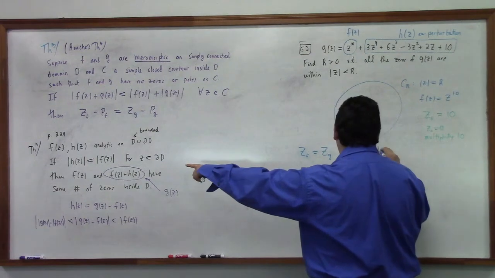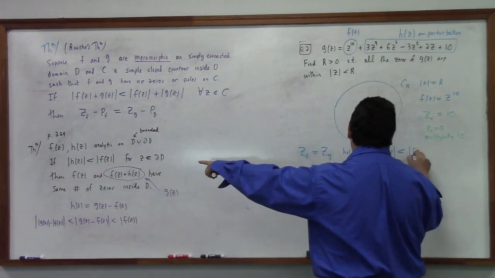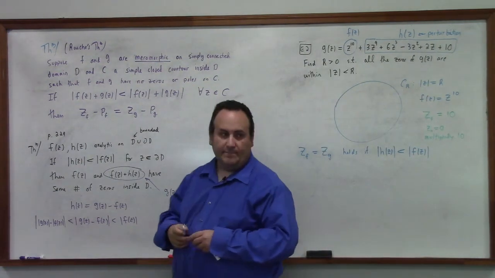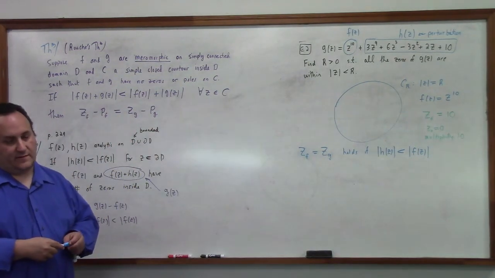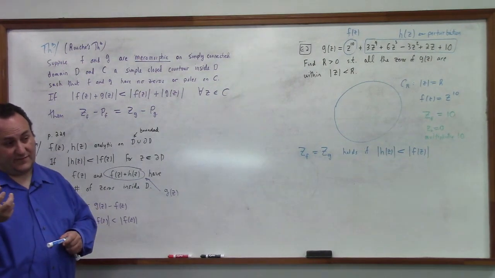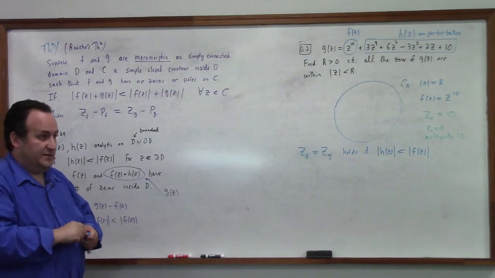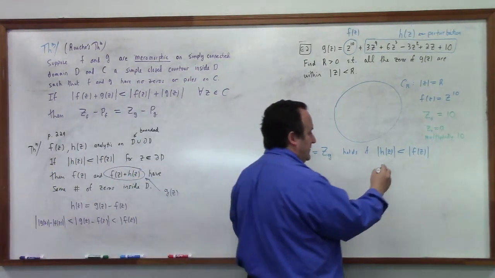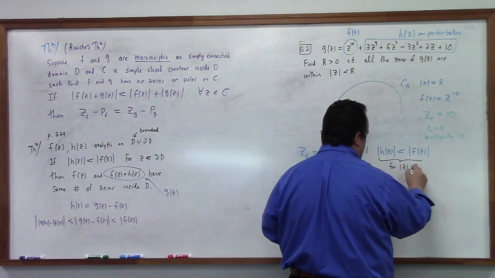We need the absolute value of h of z is less than the modulus of f of z, right? Now, thankfully, that's not just for z inside the curve, right? It's for z on the curve. Notice that. So we need this estimate for what? We need this for modulus of z equals r.